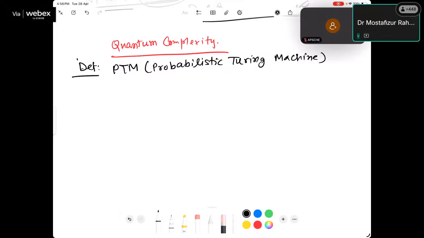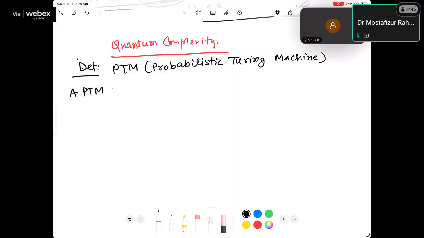So for that, computer science people defined particular quantum complexity classes. And in this direction, not only for the quantum part but also for probabilistic classical algorithms, there is something called a PTM, a probabilistic Turing machine.